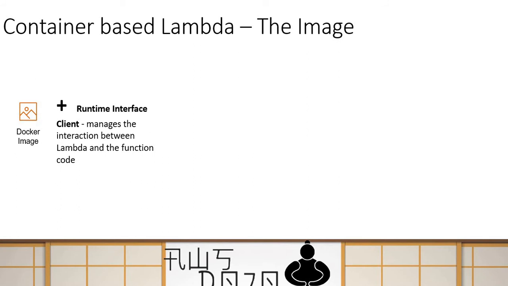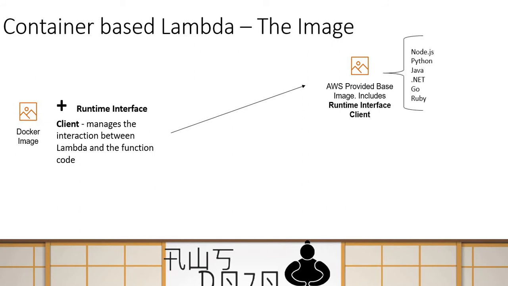Now, how can you do this? There are two ways. One way is that AWS provides a number of base images. These images are provided in different runtimes like Node.js, Python, Java, .NET, Ruby, Go, you choose it. You can use these base images.